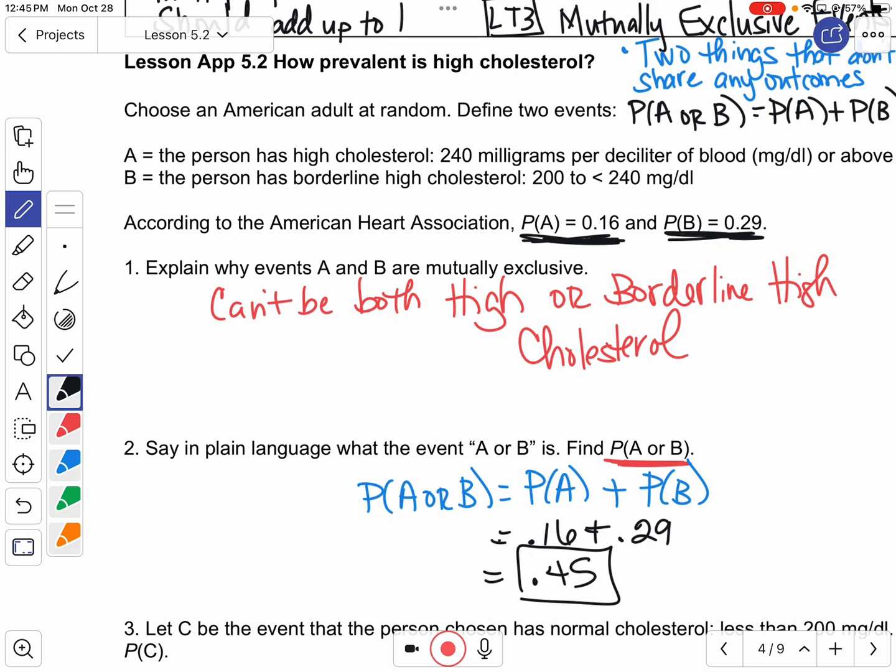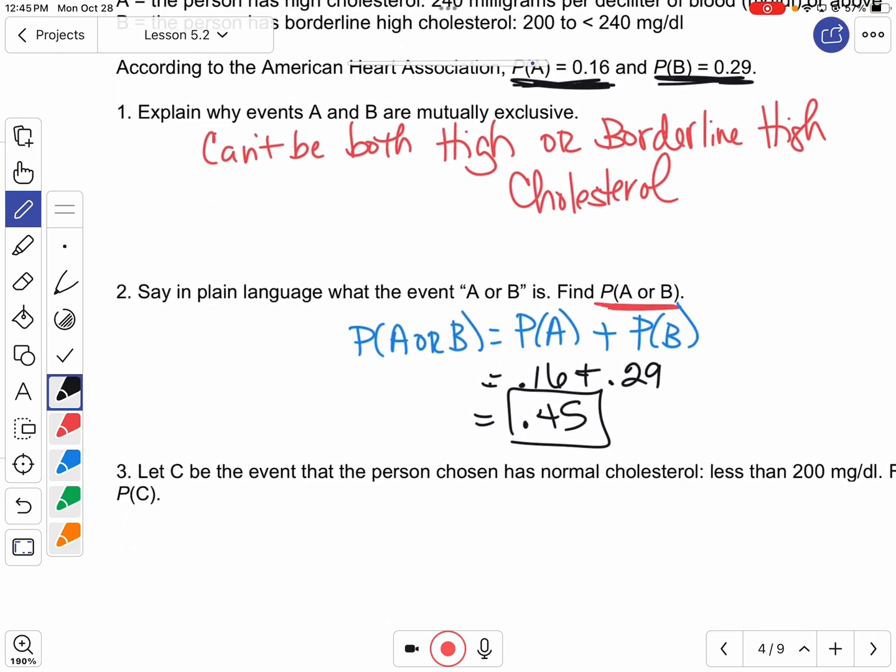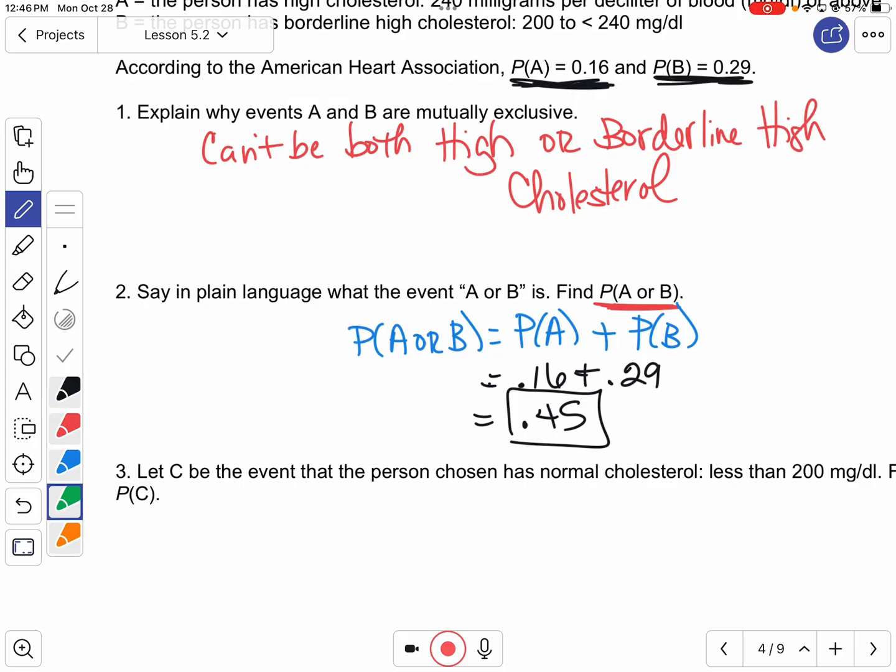Now, let's look at C. Let C be the event that the person chosen has normal cholesterol. Now, did they give me any kind of probability information about normal cholesterol? No, okay? They just told me if I was high or borderline high, okay? So how am I going to find the remaining category? Remaining being the key word there. Yep.